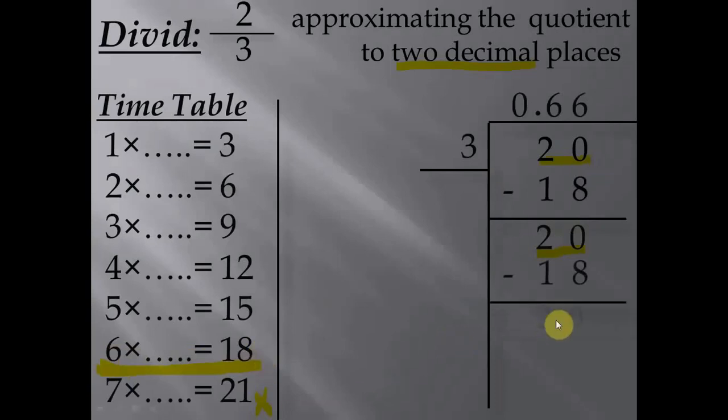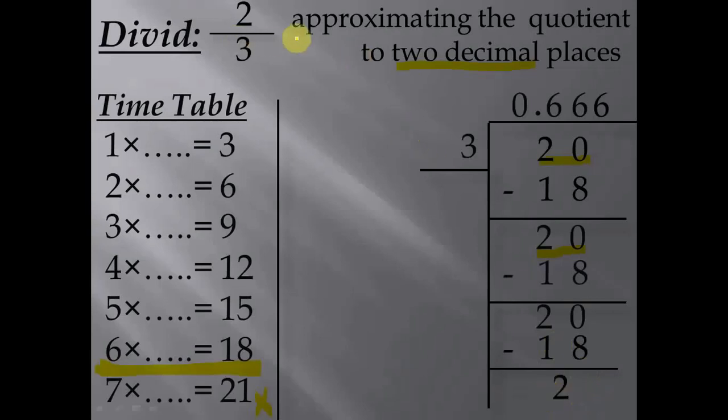Remainder also 2, and we can add another 0. We take the same multiply, 6, write it up, and the second number, write it under the dividend and subtract.